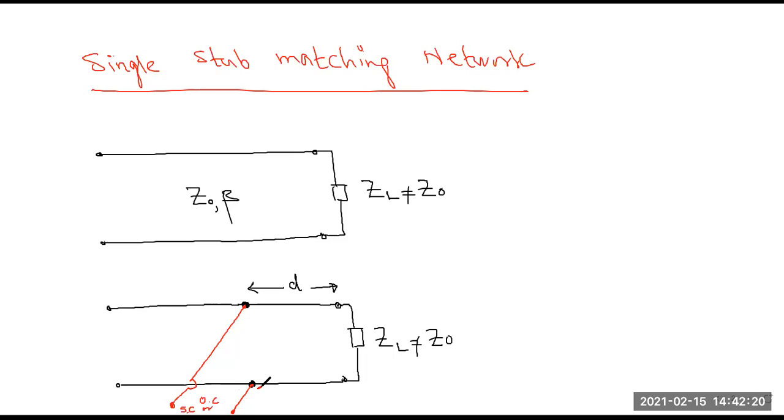And this is going to be the length of our stub. So the first possibility that I have drawn, this type of circuit is known as shunt stub matching. You already know that this shunt word is used for parallel connection.